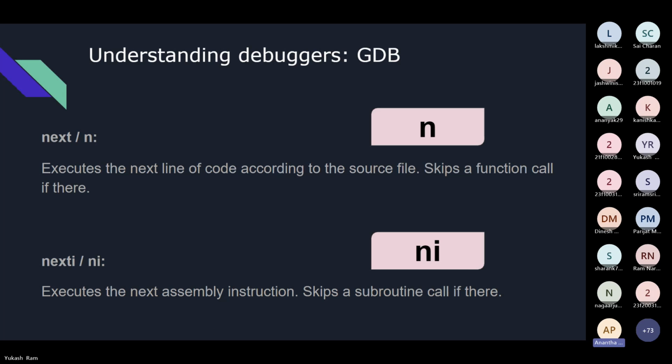And ni stands for next instruction. This is the corresponding command of next in the assembly code. So if you give ni, it will just go to the next instruction in your assembly code.